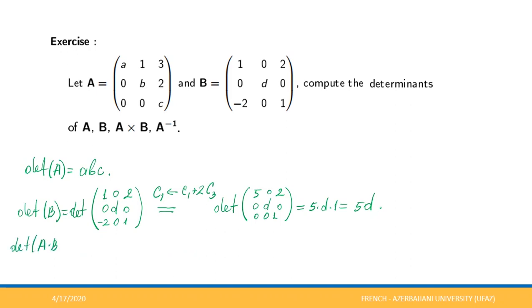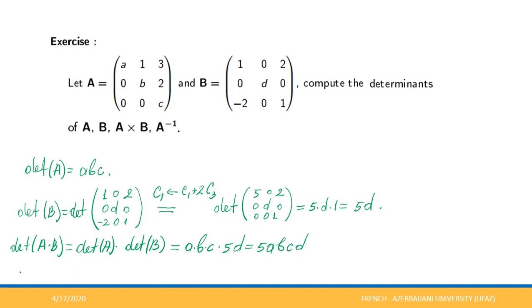Okay, let's calculate the determinant of A times B. Then you know it will be the determinant of A times the determinant of B, which is equal to ABC times 5D. That's all. 5ABCD.